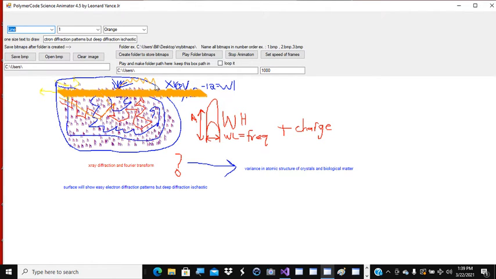And you know, this is really truly the only thing you can really obtain from X-ray diffraction.